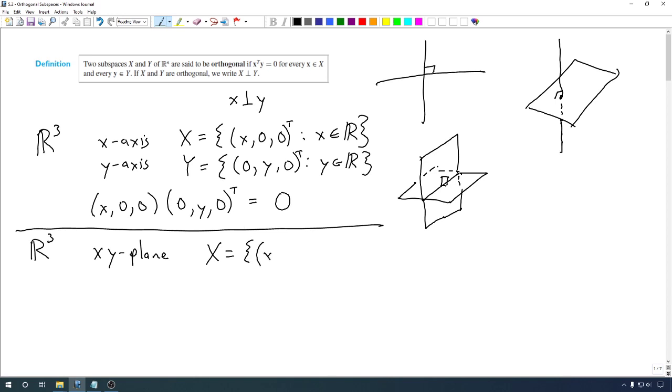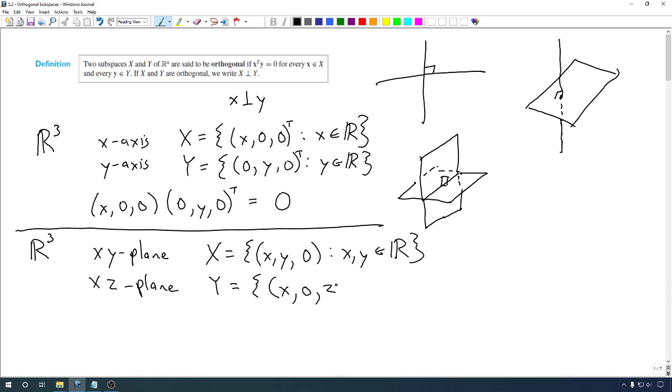This is all the points (x, y, 0), for x and y being real numbers. And then we'll have the xz plane. Again, I'm going to call this Y. This is all the points (x, 0, z). I guess we should make those transposed.